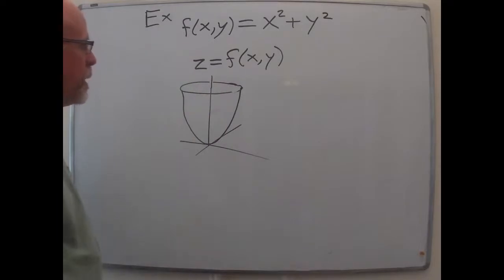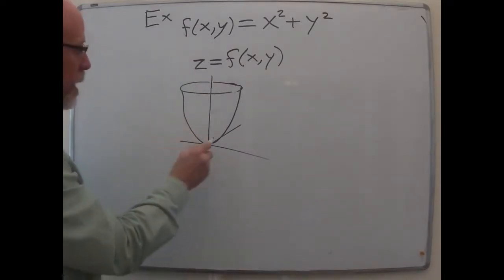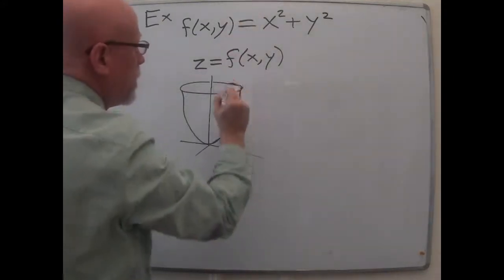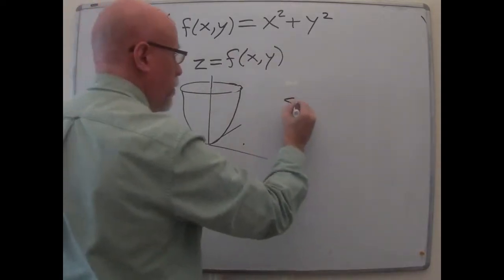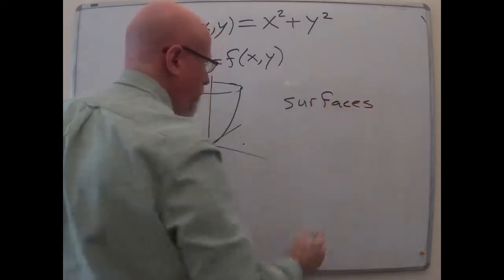It's that shape. But this is the sort of thing we're talking about here. At any point in the xy plane, somewhere way up there, there's a point on this surface. So that's the idea, surfaces, where z is a function of x and y.